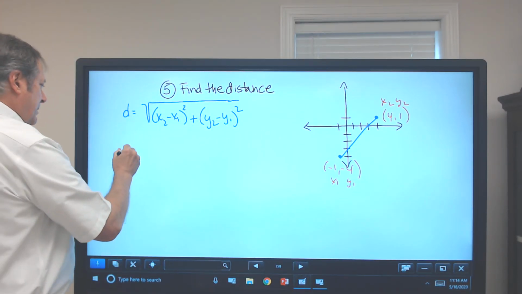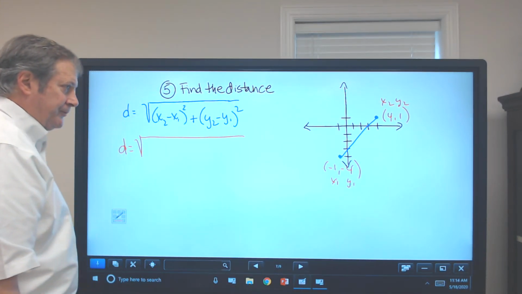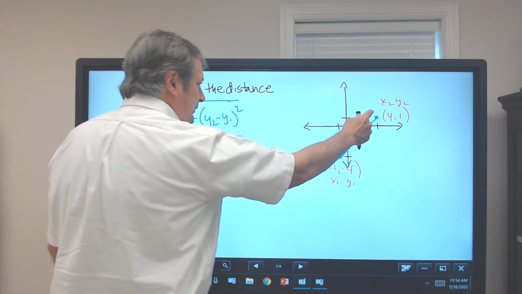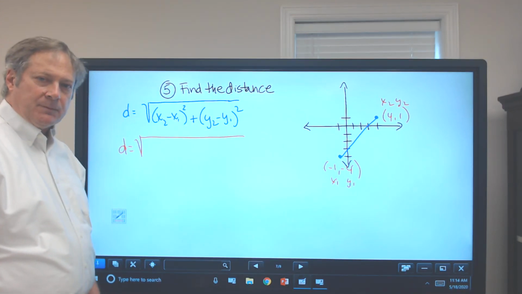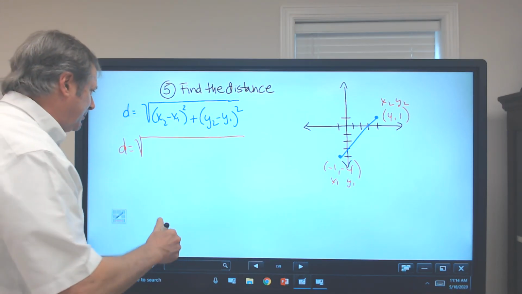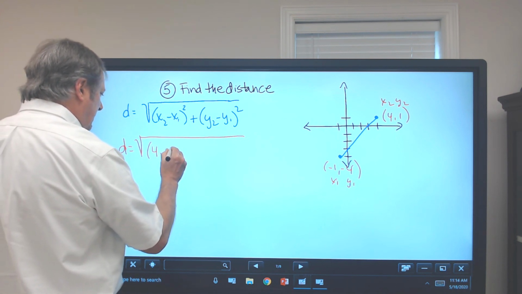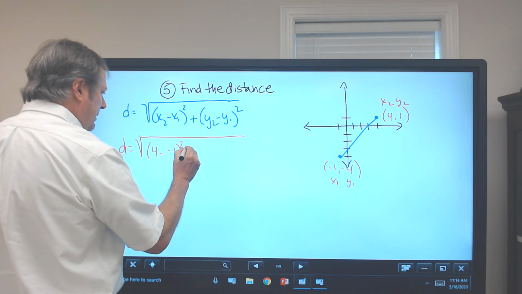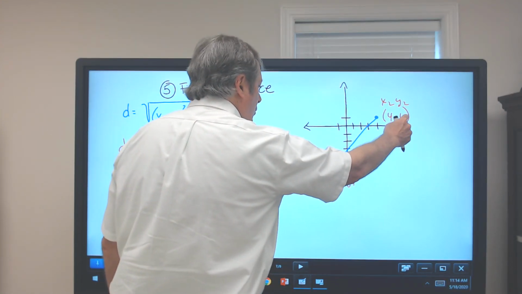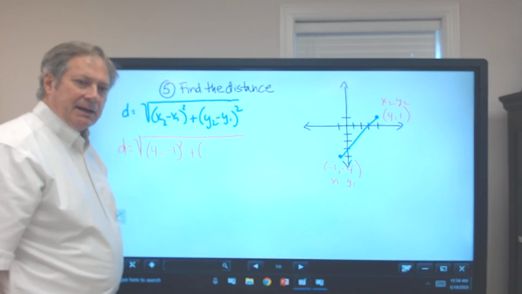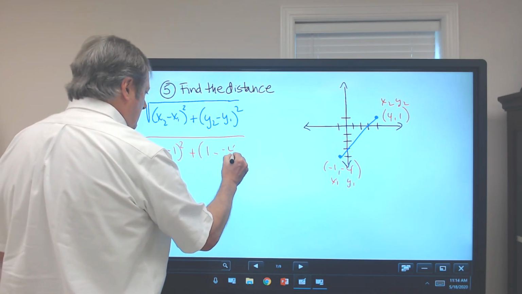So, here I'm going to plug them into my little equation. X sub 2, I'm going to say 4 minus a negative 1. Okay, we know minus a negative is going to be plus, but for the moment, let's write it as we read it. 4 minus a negative 1 squared plus 1 minus a negative 4 squared.